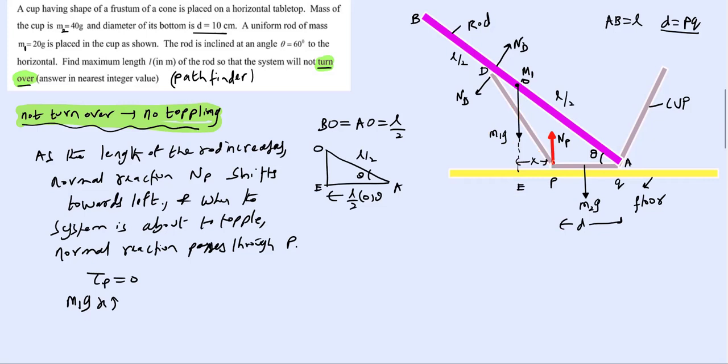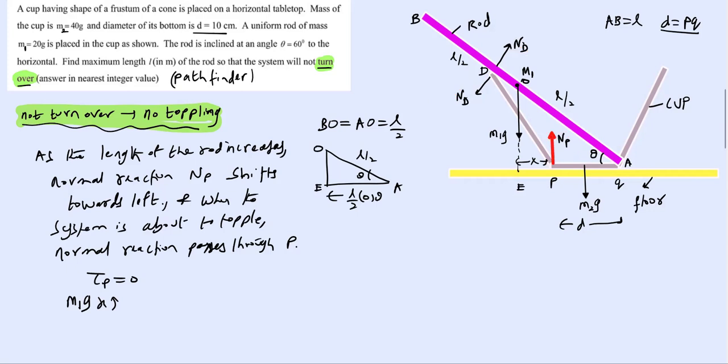Then the normal reaction NP passes through the point P only, so the torque due to this will be 0. The torque due to the normal reaction by the cup on the rod and by the rod on the cup will be equal and opposite about point P, so that will get nullified.